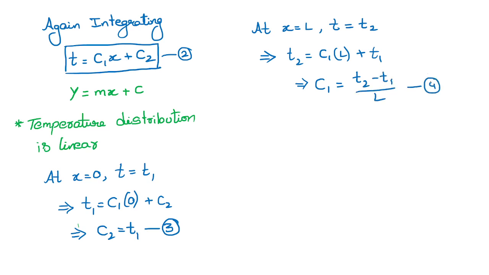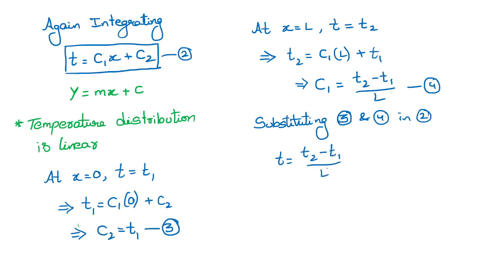This is equation 4. Now let us substitute equations 3 and 4 in 2. So we will get T is equal to T2 minus T1 by L into x plus T1. This is equation 5. From this equation we can determine the temperature at any point x.